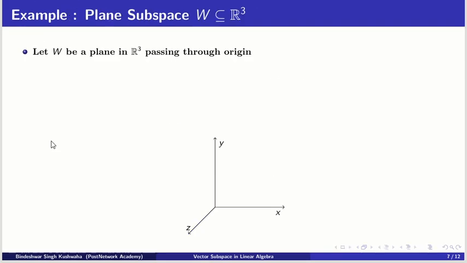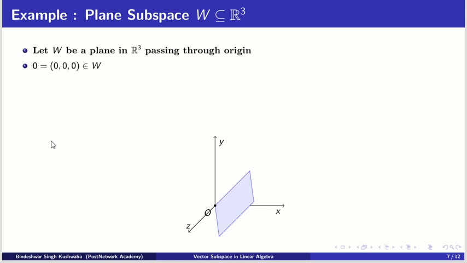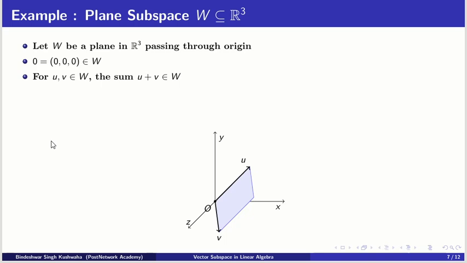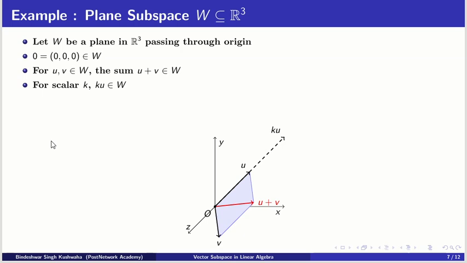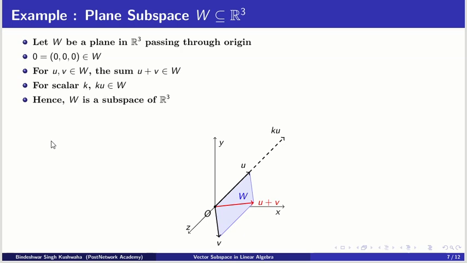Now the plane subspace. W is a subset of R^3, and let W be a plane in R^3 passing through the origin. You can see that the zero vector is in W. Vector addition is closed, and scalar multiplication also belongs to W. That means W is a subspace of R^3.